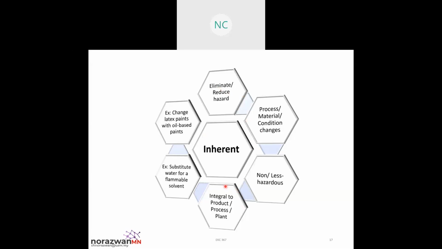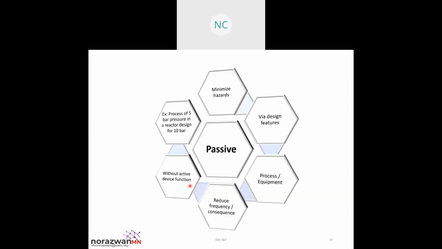For example, how you can substitute water for a flammable solvent, or change the oil based paint to latex paint in your plant. Then you have your passive, which depends more on your design features.